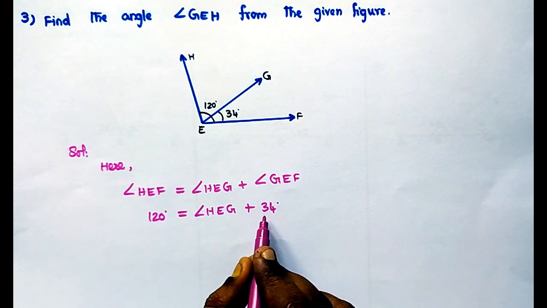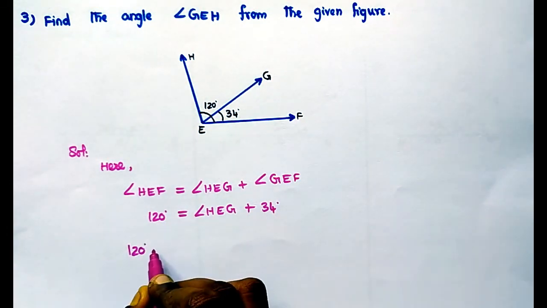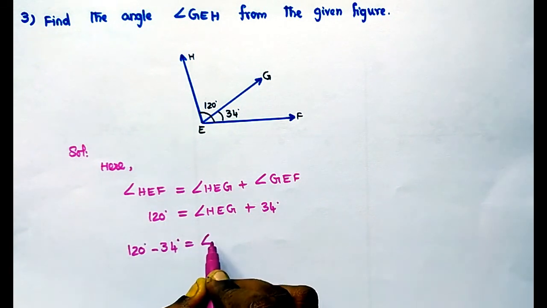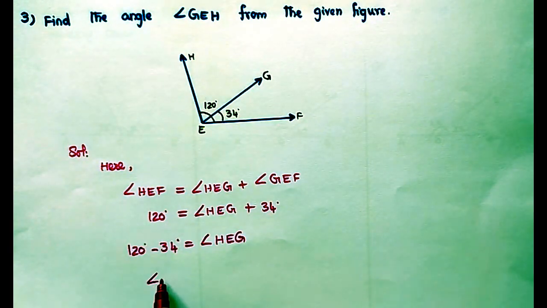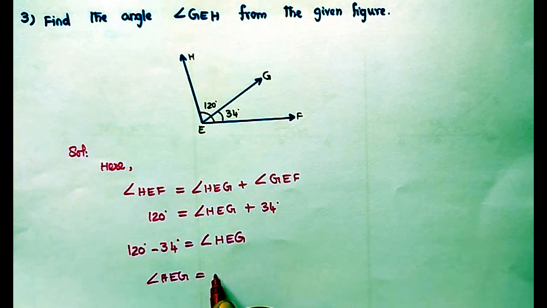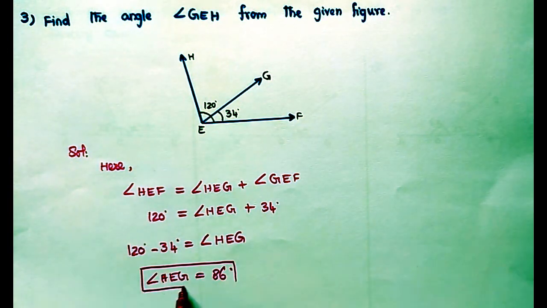Now this 34 comes to this side, so HEG equals 120 minus 34, that is 86 degrees. That is the answer.